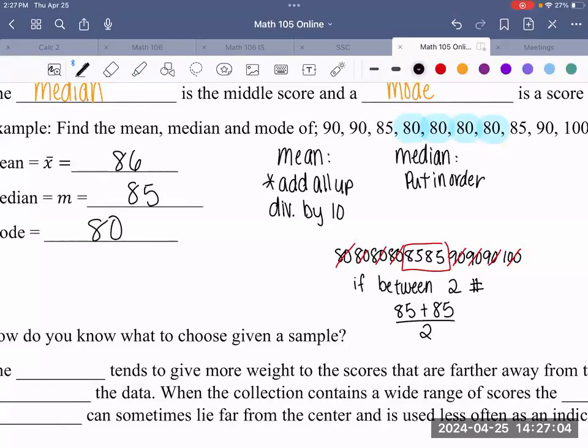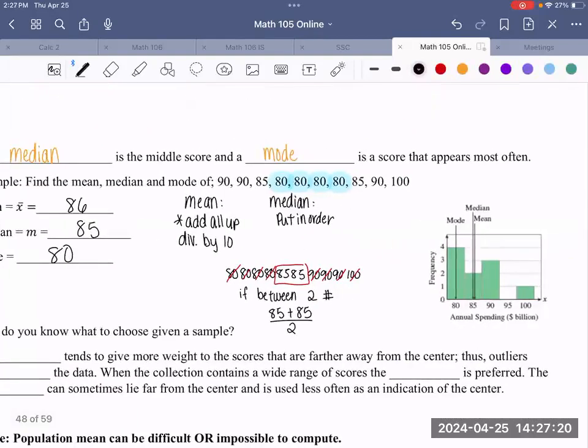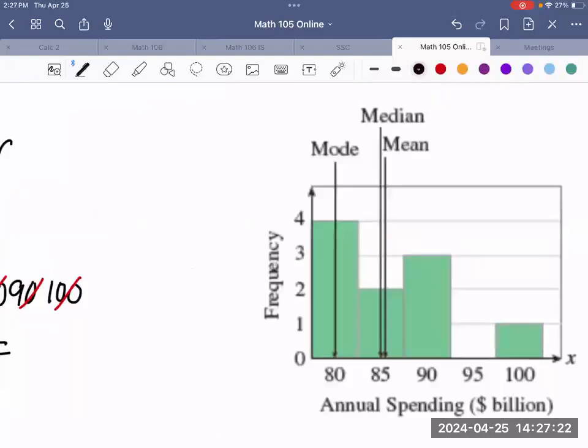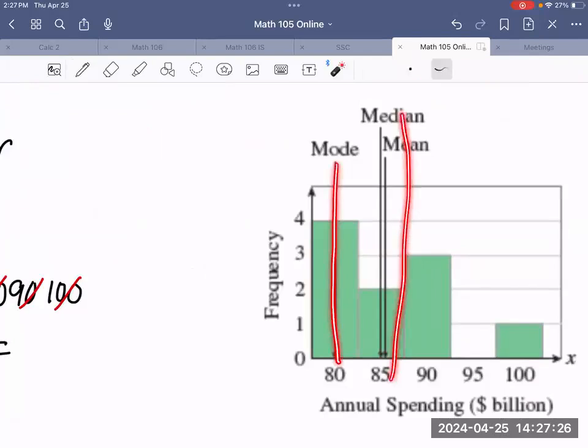It is possible not to have a mode if nothing repeats, or you can have 2 modes if they are equivalent in their values. And you can see here your mean, median, and mode. Your mode is definitely a lot further off than your central values of your mean and your median.